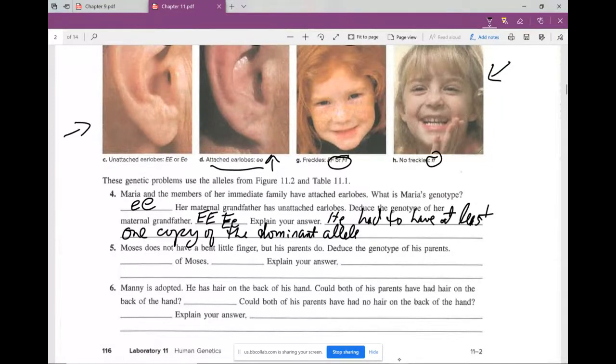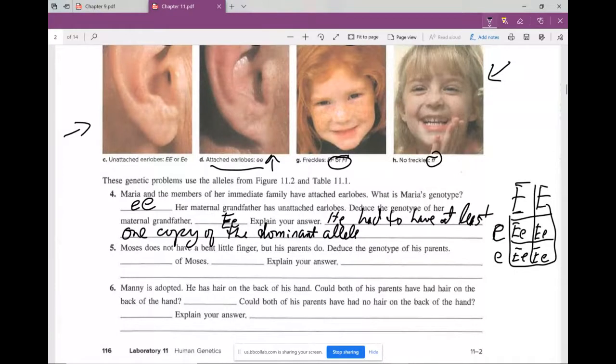Right? So her mom has the recessive condition. It's possible that you had big E. It's possible that the mother would have been little e, right? But the grandfather have been this. No, right? So it pays to do the Punnett square.